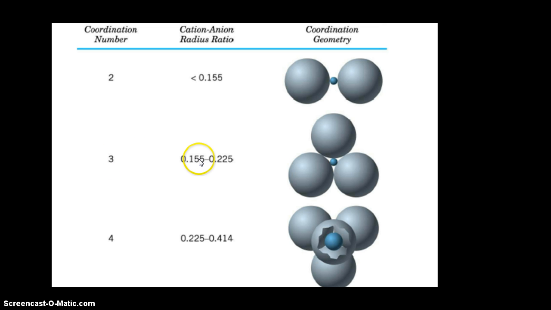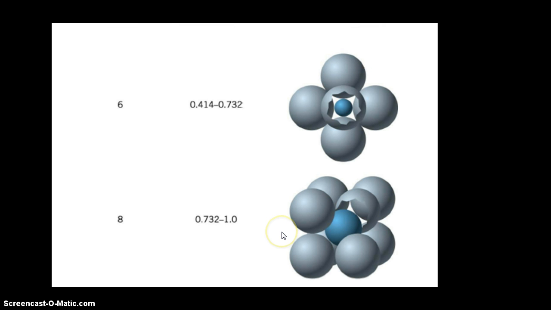If the radius ratio is between 0.155 and 0.225, then that's possible. A coordination number of 3 will occur if you're within that radius ratio range, and so on. And we can go down to coordination numbers of 5, 6, 7, 8 as well.